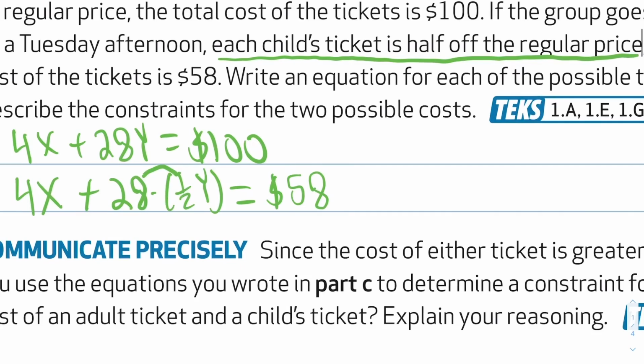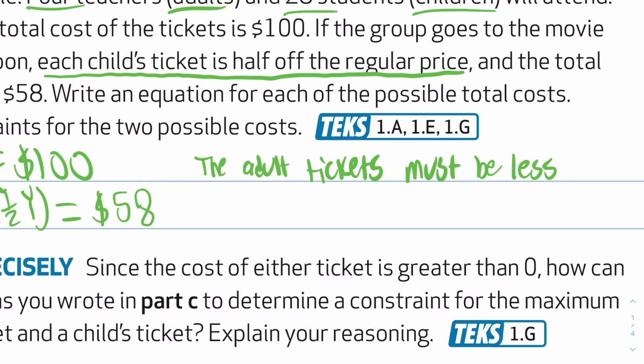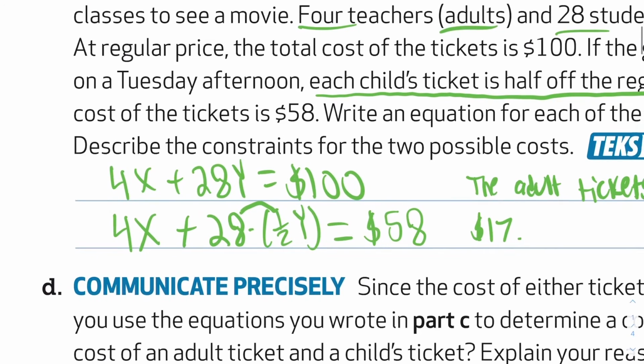So let's just say, just from some very quick math, the adult tickets must be less than $17. If they cost more than $17, then these equations aren't going to work out.